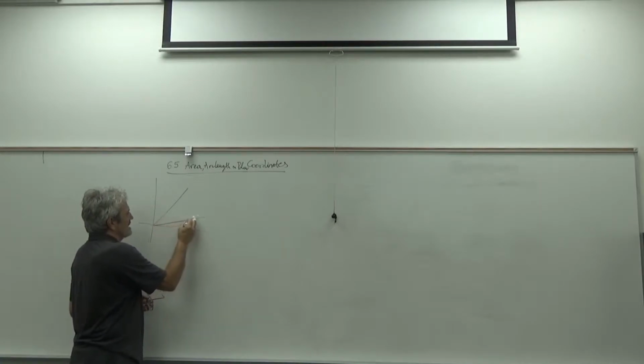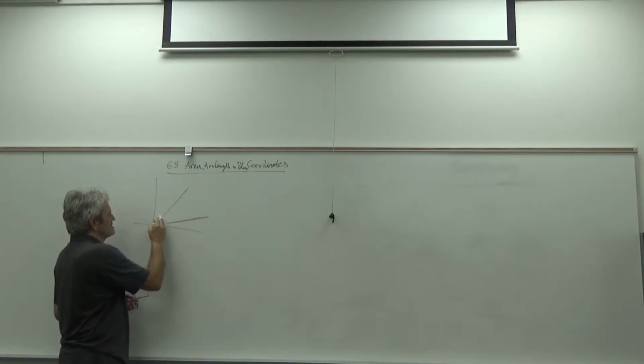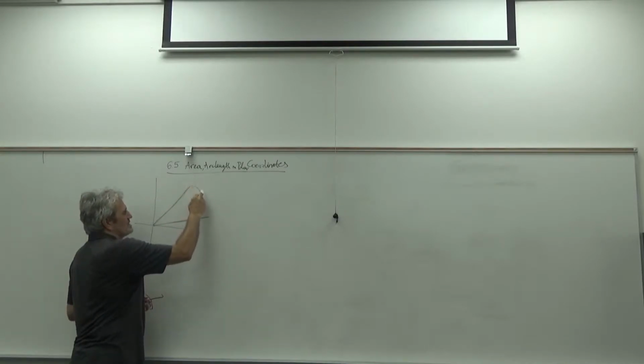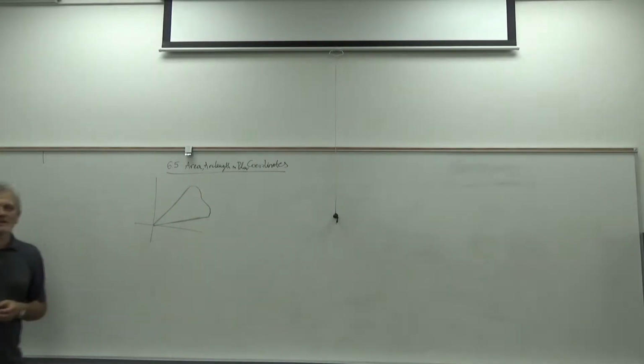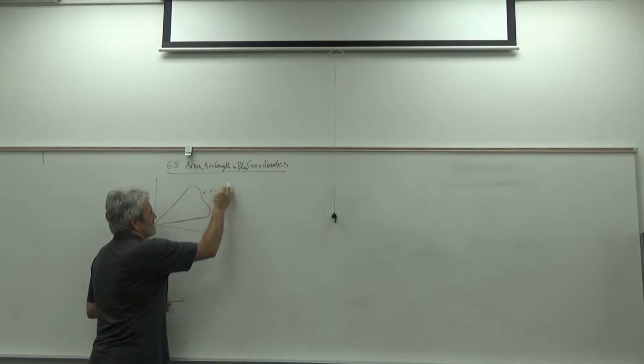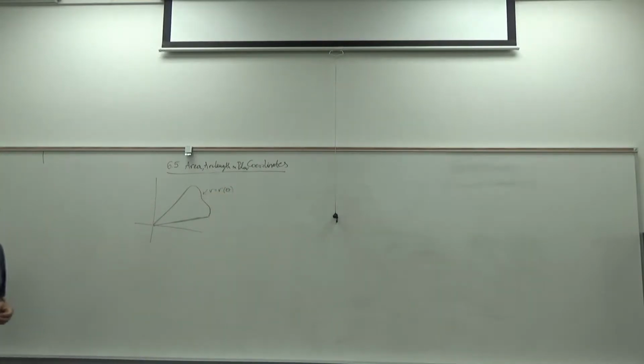So a polar region has one ray coming from the origin in the beginning, one ray at the end, and then there is some curve limiting that. So it's like a curve-sided triangle, and the equation of that curve is r equals r of theta.